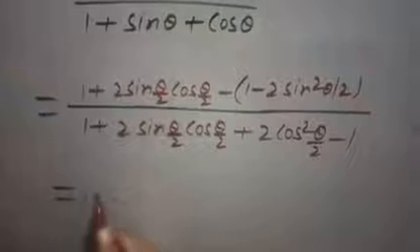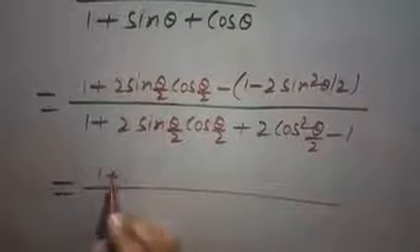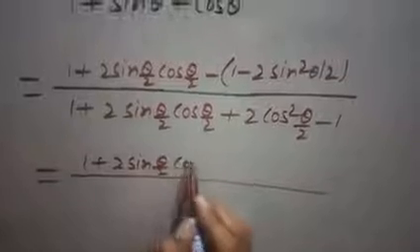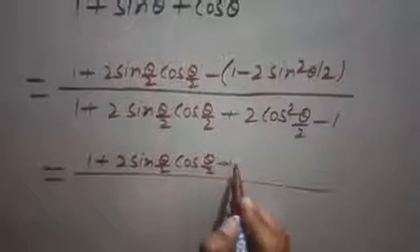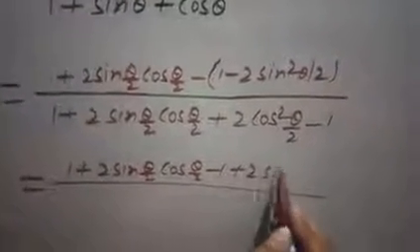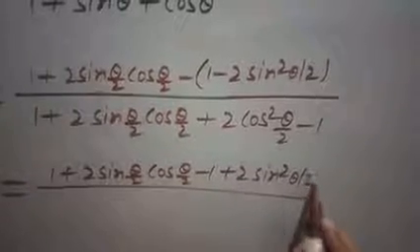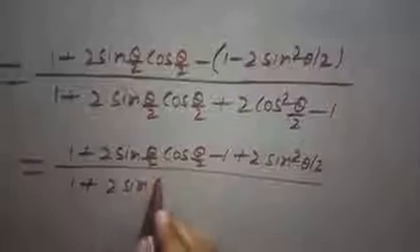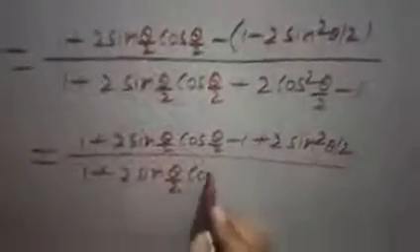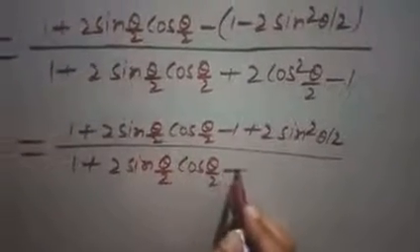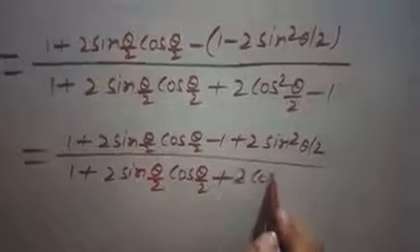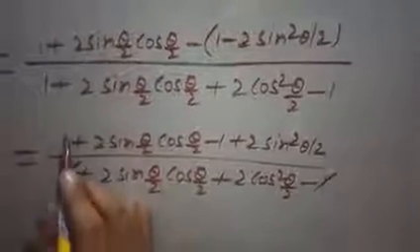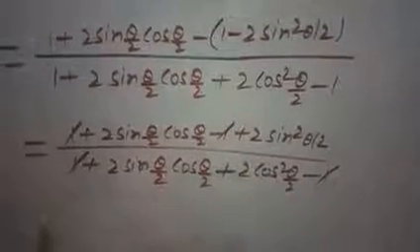Now you can see here, 1 plus 2 sin theta by 2 cos theta by 2 minus 1 plus 2 sin square theta by 2, upon 1 plus 2 sin theta by 2 cos theta by 2 plus 2 cos square theta by 2 minus 1. Now this 1 cancels, and this one also.